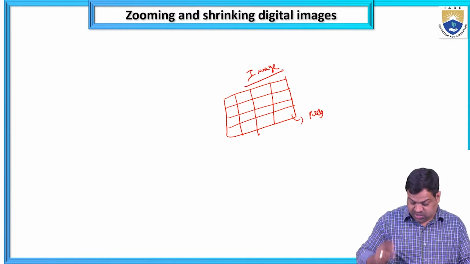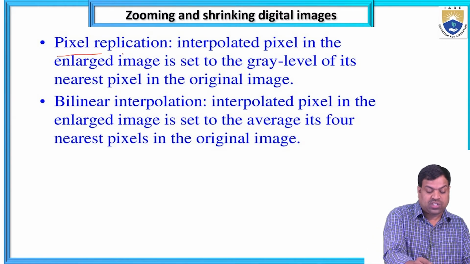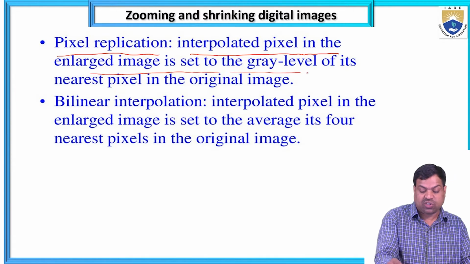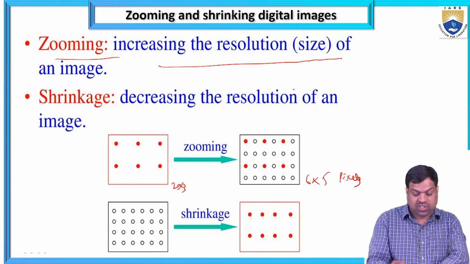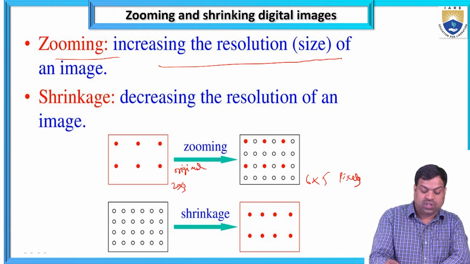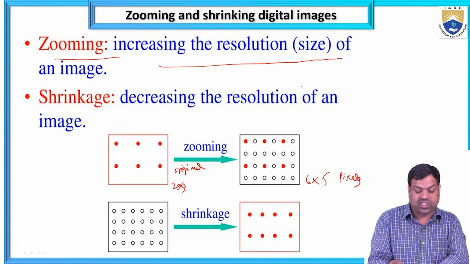Suppose I am taking one image. What is pixel replication going for? The interpolated pixel in the enlarged image is set to the gray level of its nearest pixel in the original image. Suppose here is the original image. Okay, it is the original one. So when we are enlarging the image, it is set to the gray level of its nearest pixels.